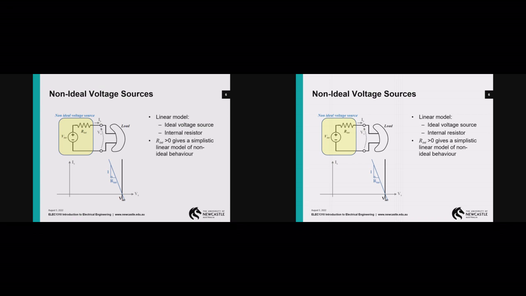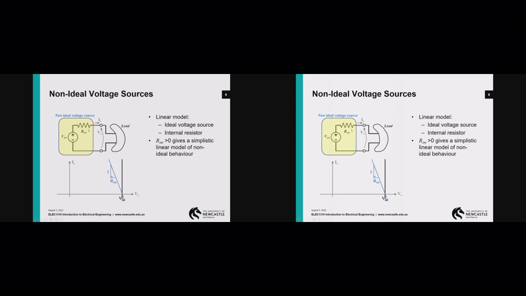And the main characteristic I'm trying to represent is the fact that as my voltage source loads up, the voltage gets smaller. The way I represent that is by including a series internal resistance. So I've added a resistor in there.